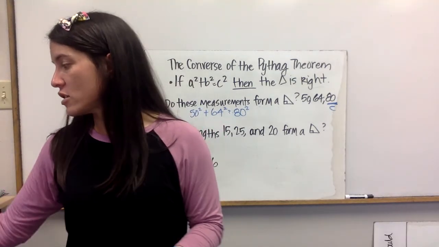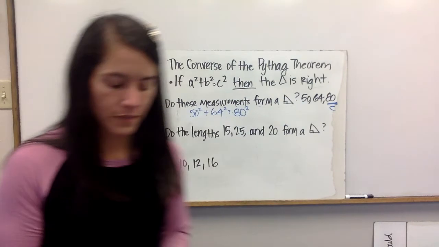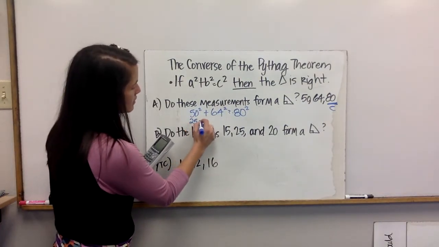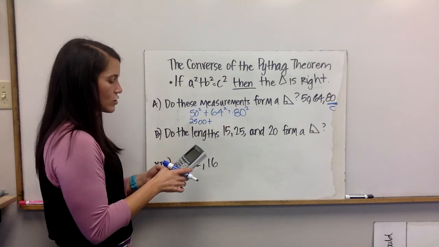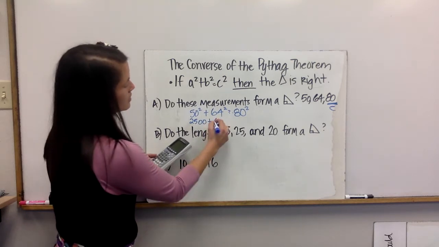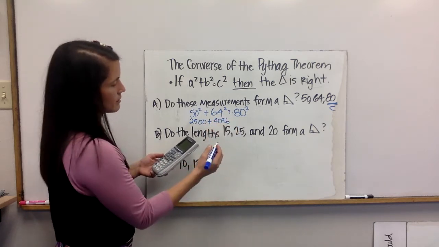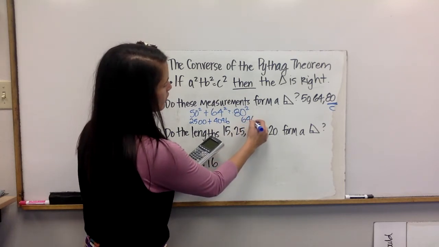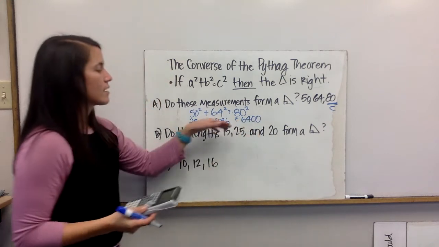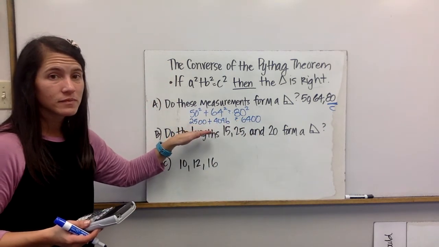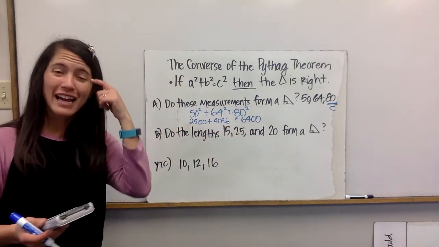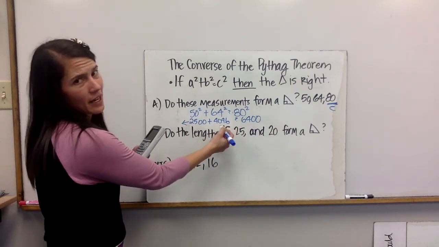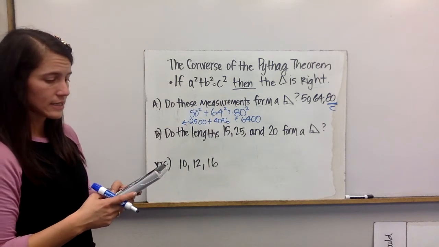50 squared is 2,500. And 64 squared is 4,096. 80 squared is 6,400. So we need to add these two up to see if it's going to equal 6,400. But I can already see right now, when we add these two, I'm going to have something that equals 96.